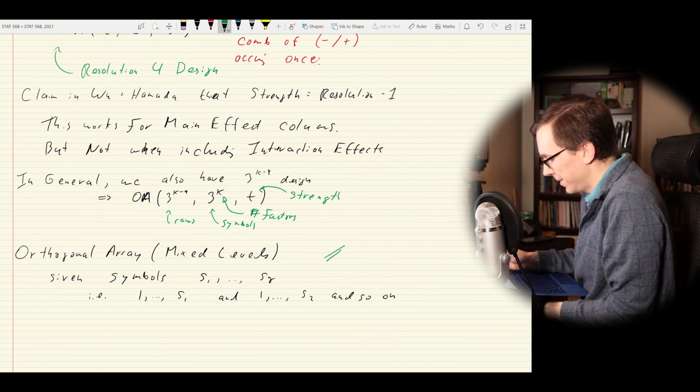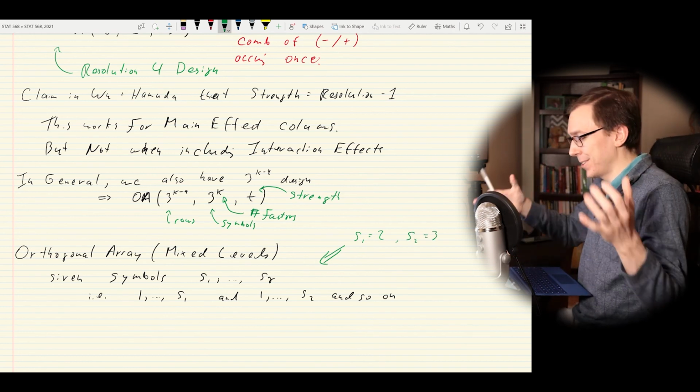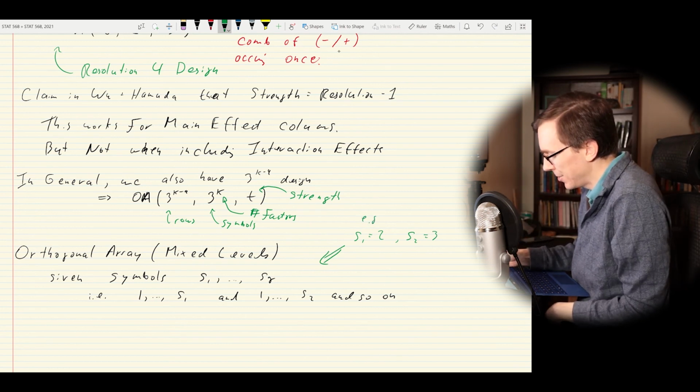Just to indicate, we might have something like S1 is equal to 2 and S2 is equal to 3. So I have some 2-level factors and some 3-level factors, for example.